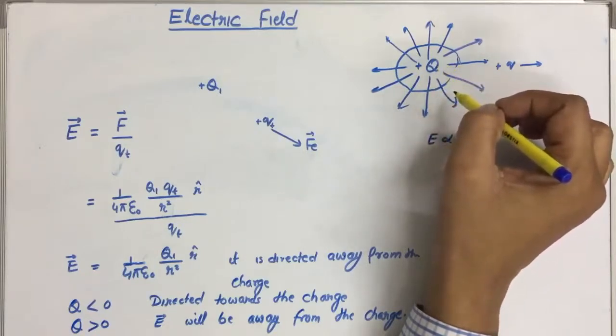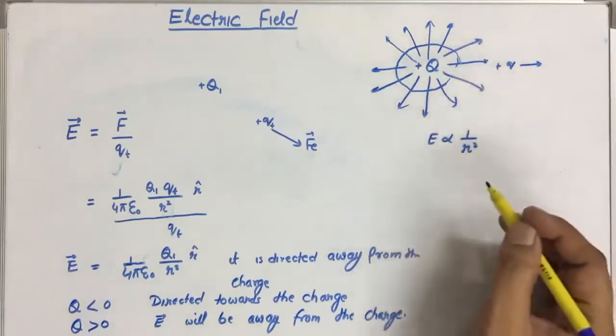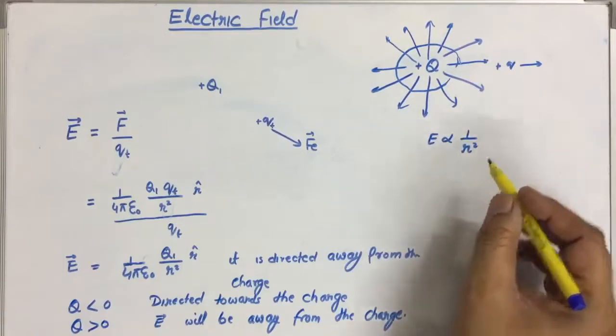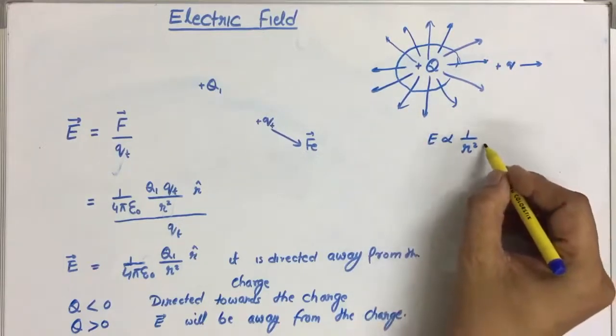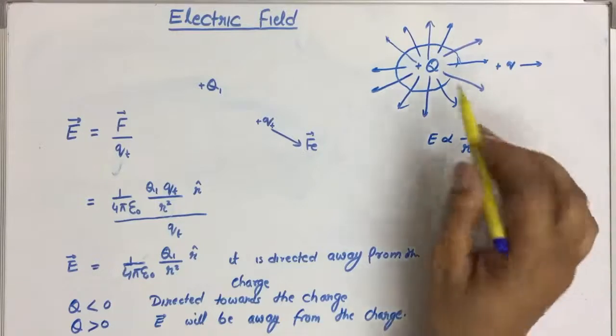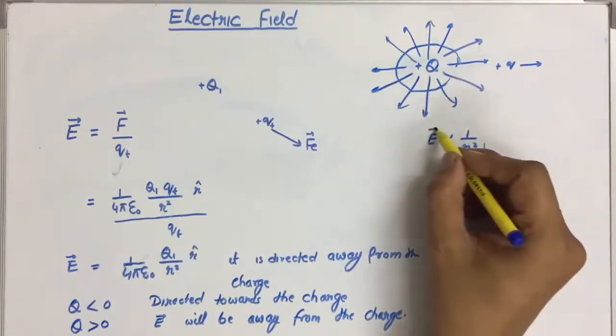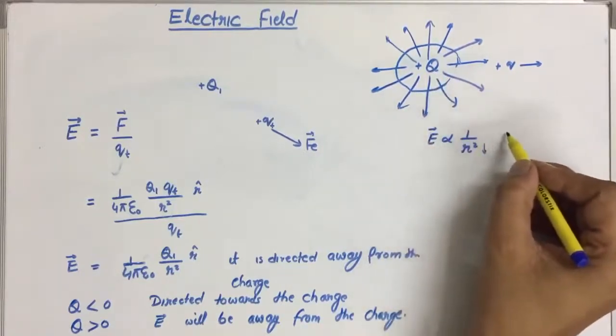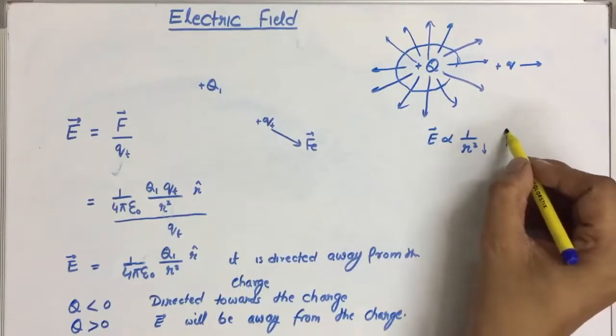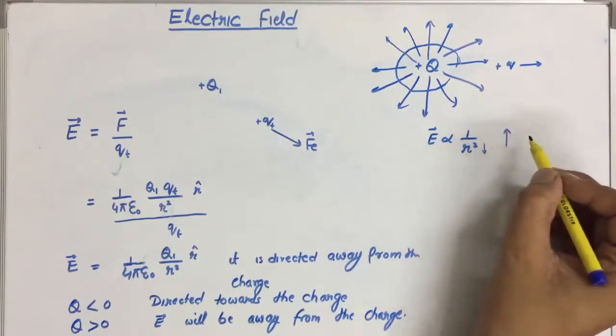So it means field intensity will be high. So as you are coming closer to the charge, the electric field intensity becomes stronger.